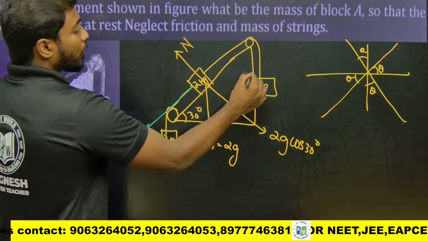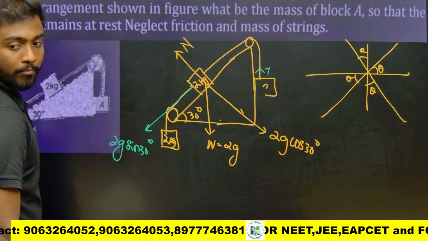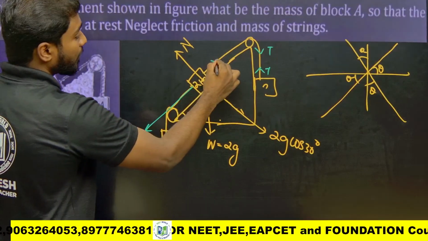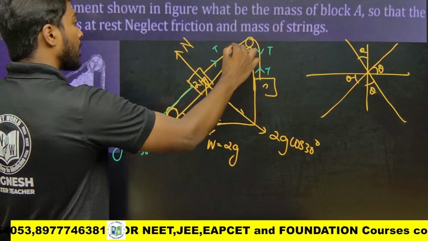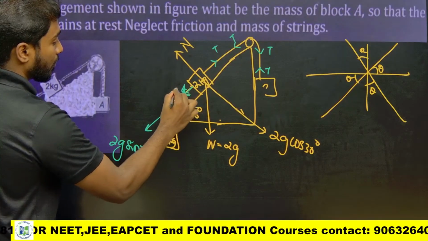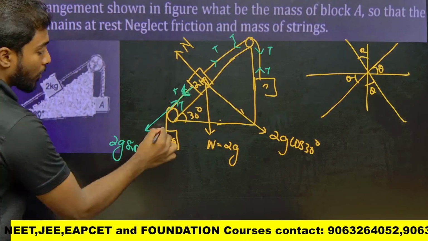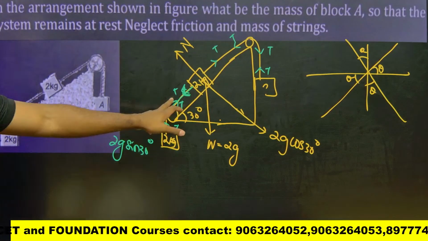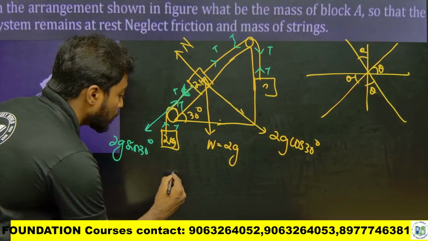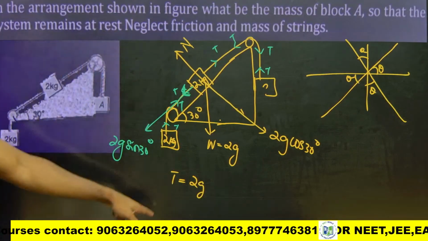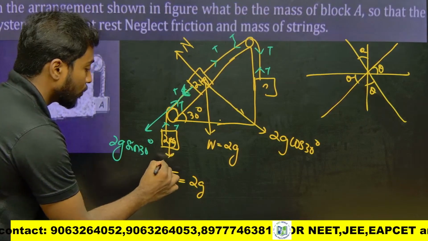Okay. So if I see here, tension is acting, T. Here also T will be there. Again here, tension T. This is T, again here T. One more T will be here. Now if I consider this one, T will be equal to 2g. This is 2 kg, so mg, right?